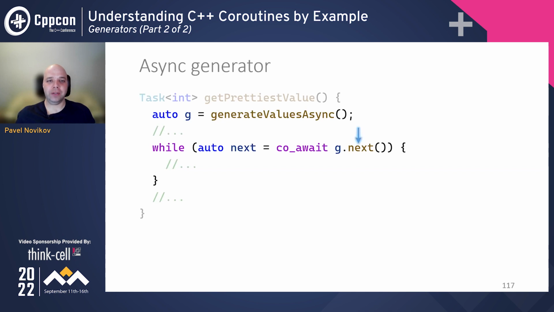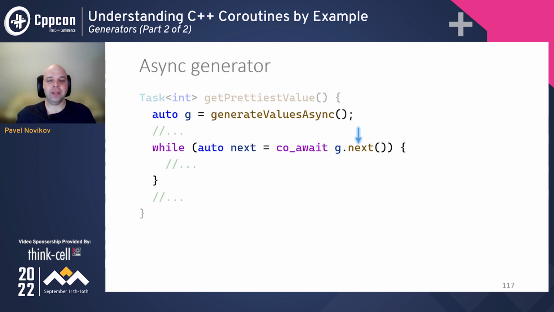We eventually get here in our coroutine. We have our generator initialized. We can call next, and we'll get the next awaitable from that call on which we can co-await. And this coroutine may suspend or may not suspend if the result is ready.